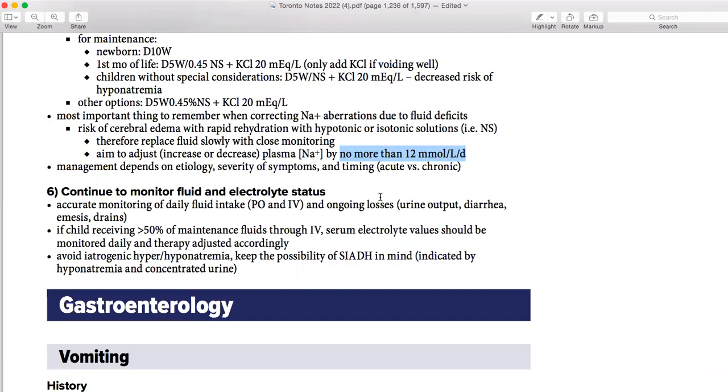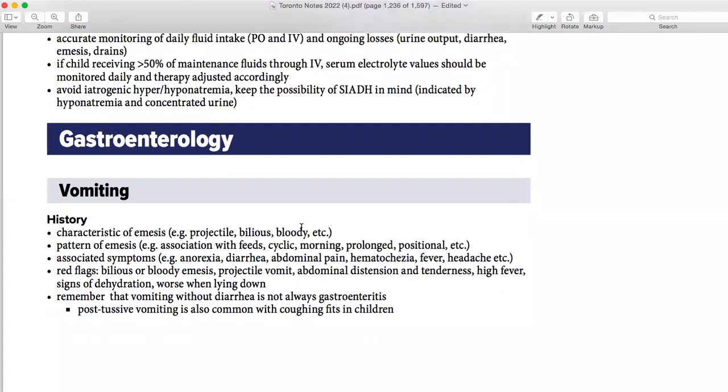You have to know that if you give too much fluid, hyponatremia or hypernatremia could happen. If you give too much dextrose, hyperkalemia or hypokalemia could happen. So it's kind of dangerous. You need to treat and watch electrolytes, because electrolytes are very important when you are correcting the fluids.